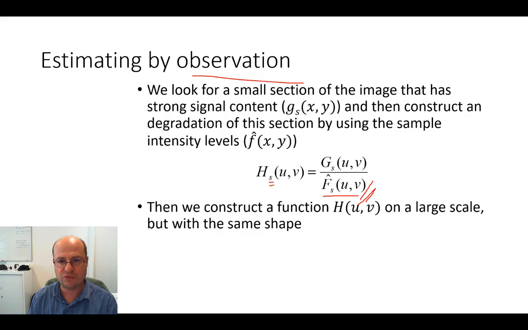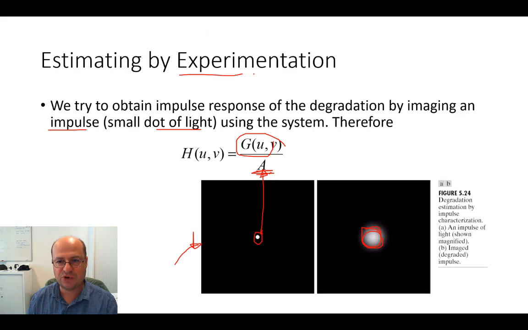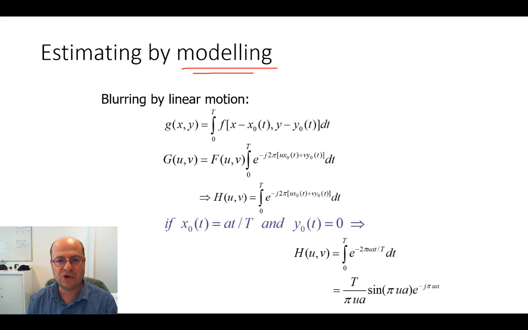Estimating by experimentation: you make experiments with your imaging device by inputting a well-known image and then analyzing the answer. And then finally, estimating by modeling is when you make a mathematical model of the degradation that you get.